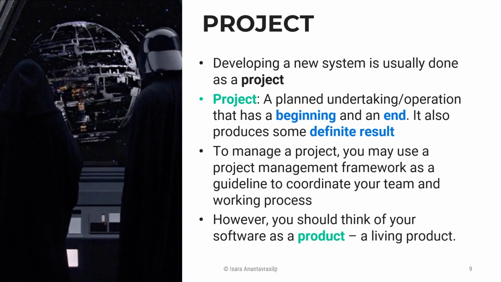And when Vader contacts his contractor to build the Death Star, he has to define that the Death Star is this large, it has to have this huge cannon made out of, I don't know, kyber crystal, and it chooses the planet. It has to have some definite result of what it can do. And then when should we begin the project and when should the project end?